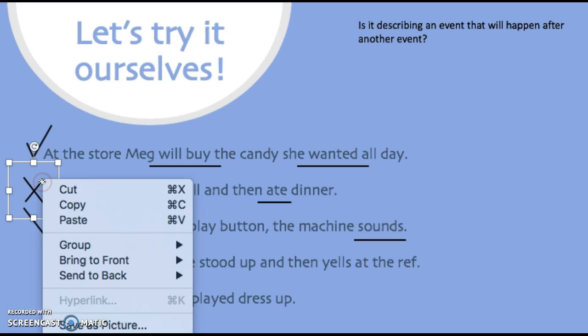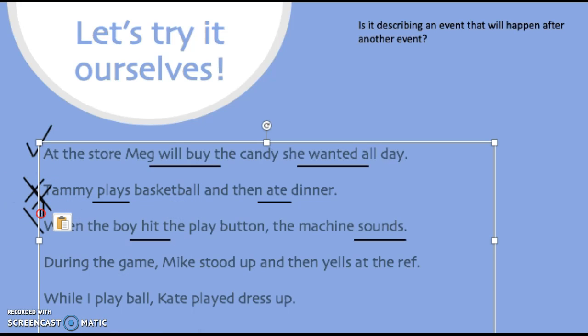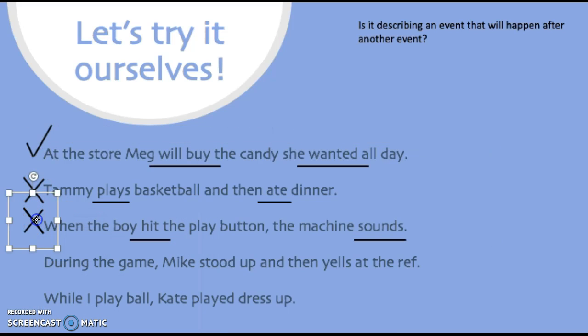Yes, so this third sentence here is not correct. Okay, now looking at the fourth sentence. During the game, Mike stood up and then yells at the ref. Okay, so what do you guys think?